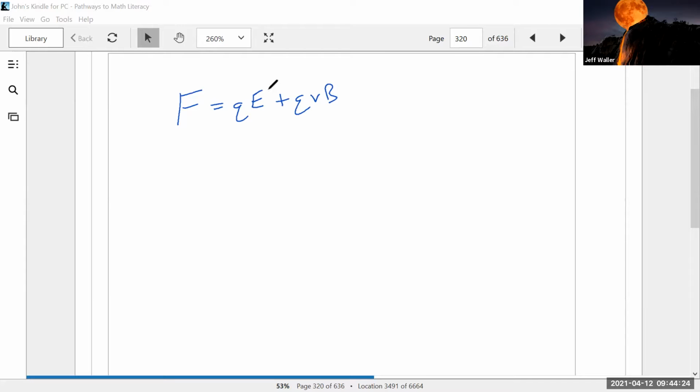So E stands for the strength of an electric field. B stands for the strength of a magnetic field. Q is the charge on some particle that I put into these fields. All right, let me stop for a minute, right?